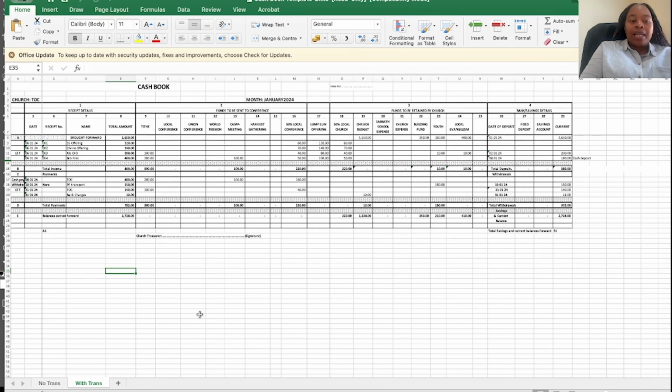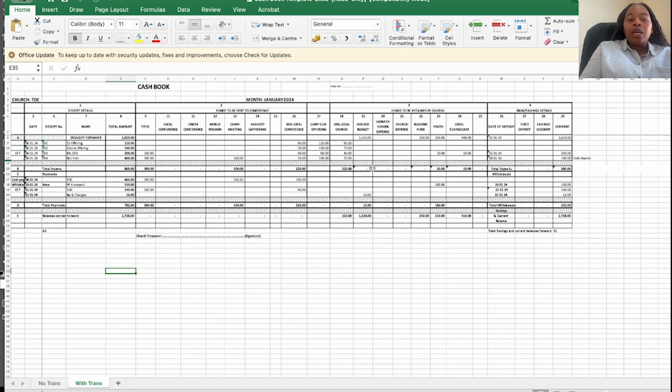We took the balance as at the end of December 2023, the 31st of December 2023. You take the balance from your bank statement and put it under church budget. In this case, our balance on the bank statement is 1,550. So we put it as is there, 1,550 for church budget.